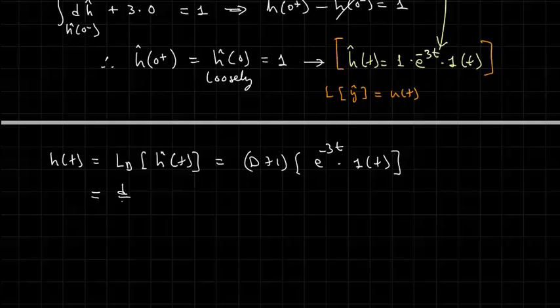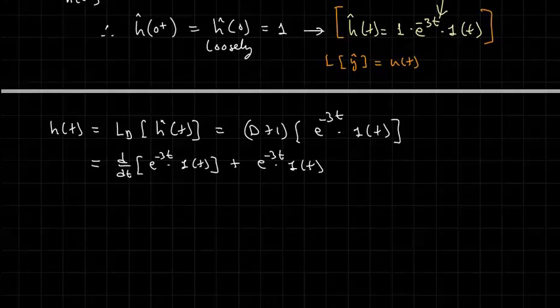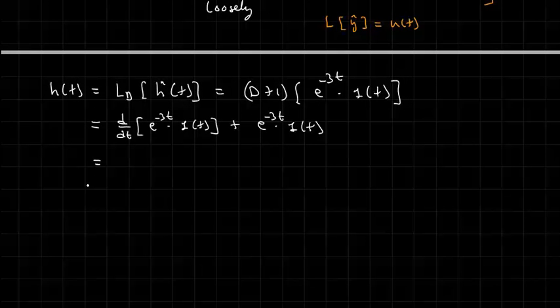It'll be the derivative with respect to time of e to the minus 3t times the unit step plus e to the minus 3t times the unit step. Now to evaluate the derivative of this expression, we're going to do the chain rule.